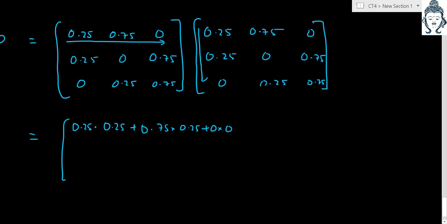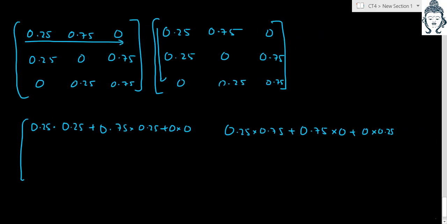Similarly, I can calculate the second element by multiplying the first row by the second column. So that becomes 0.25 into 0.75 plus 0.75 into 0 plus 0 into 0.25, and so on and so forth.